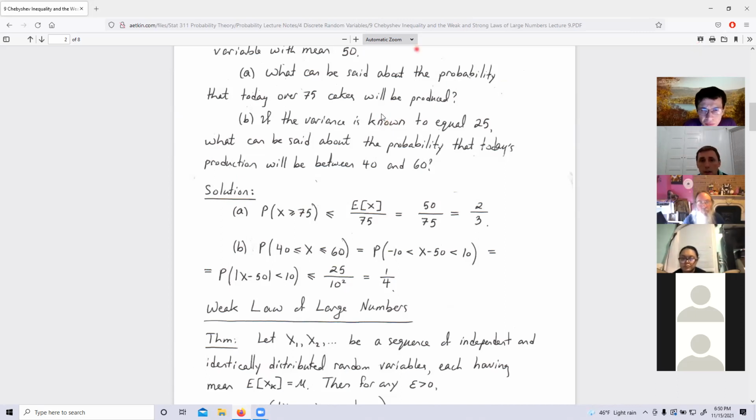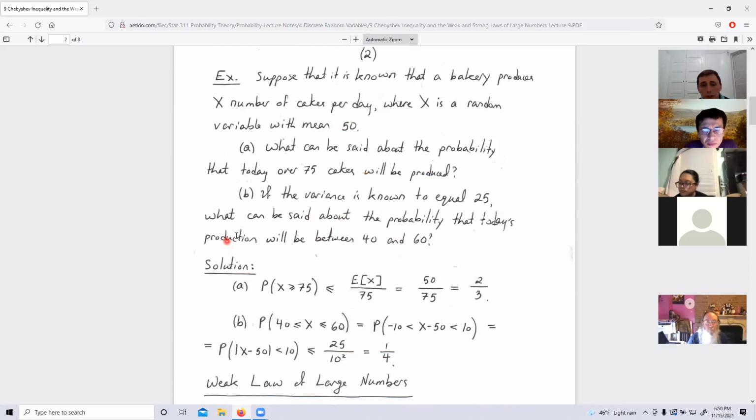Yes, and maybe one more thing, and then we are done. In the next class, we are going to talk about the weak law of large numbers. So if the variance is known to equal 25, what can be said about the probability that today's production will be between 40 and 60? Right?